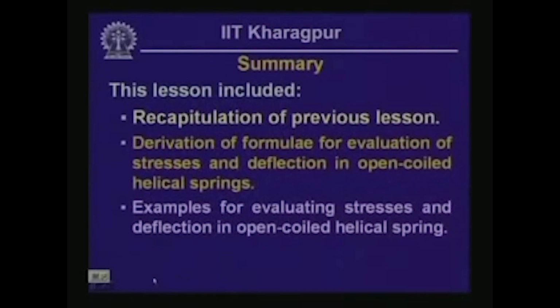Now, to summarize, in this particular lesson we have looked into some aspects of the previous lessons, and also we have derived the formulae for evaluating the stresses and deflection in open coil helical springs. Also, we have looked into the examples for evaluating stresses and deflection in open coil helical spring.